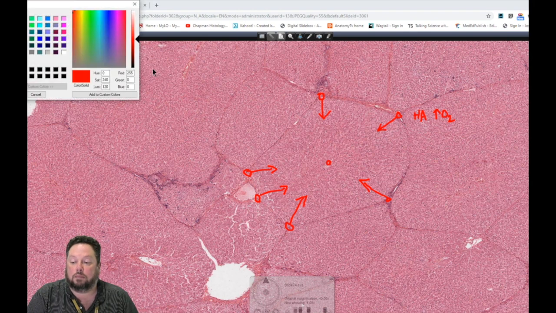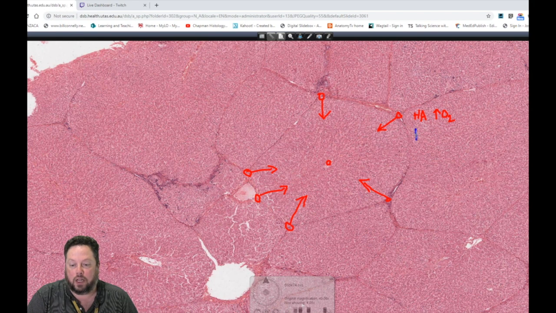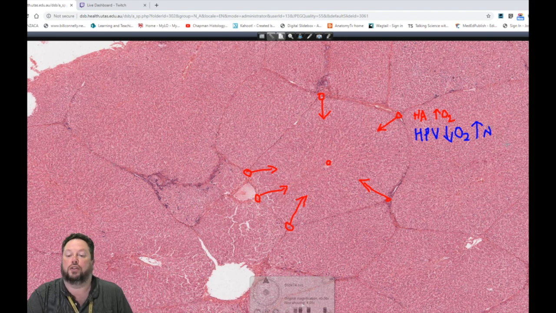We've got, let's go blue here, a branch of the hepatic portal vein. That has low oxygen, but has high nutrient levels because it has taken all the nutrients from the gastrointestinal tract.